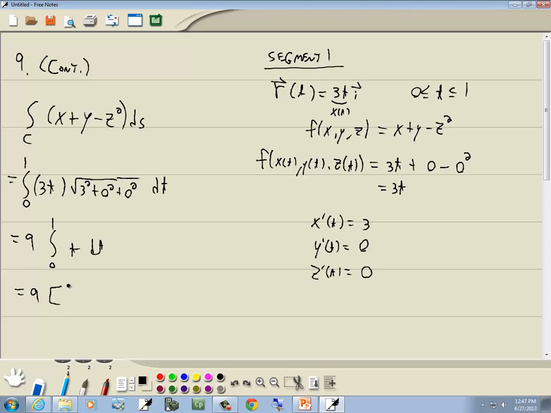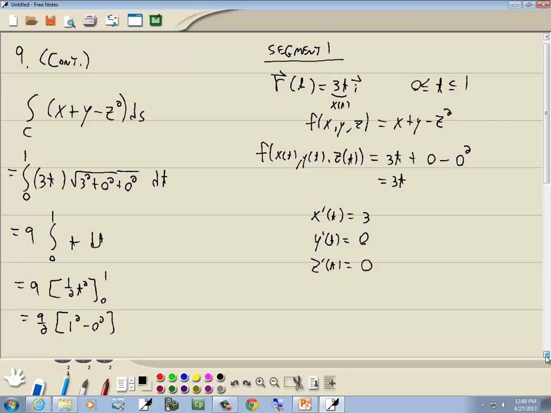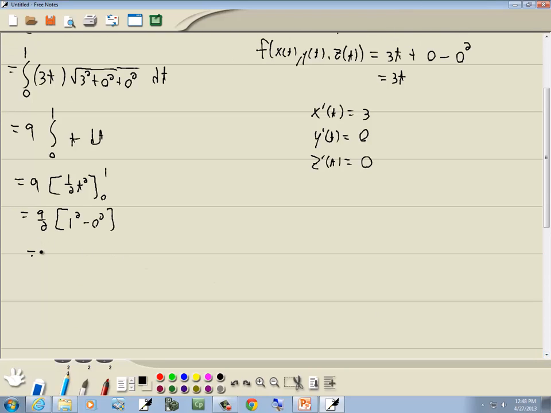Which gives us 1/2 t squared from 0 to 1. Take the 1/2, put it out in front, so we got 9/2 times 1 squared minus 0 squared, which just gives us 9/2. That's bizarre. That's what we got on the last problem.